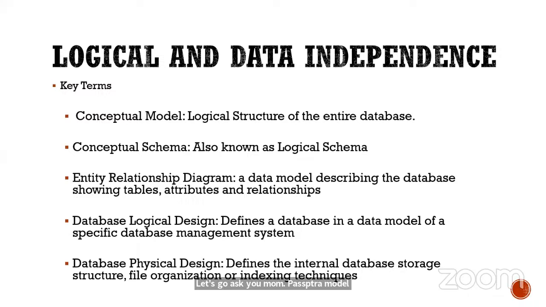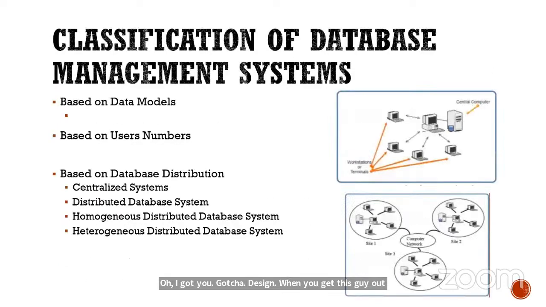When you hear entity relationship diagram, it's a data model that describes the database, showing tables and relationships. Database logical design defines a database in the data model of a specific database management system. Physical database design defines the internal database storage structure, file organization, and indexing techniques.